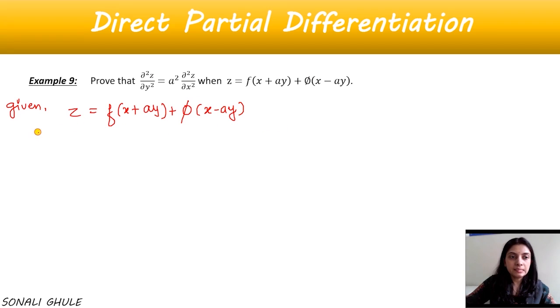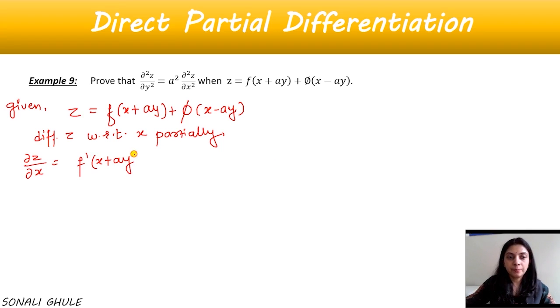Now differentiating this z with respect to x partially, keeping y constant, I'll get the derivative f dash of x plus ay, and I am differentiating with respect to x, so y is constant, so its derivative is 1 only, right?